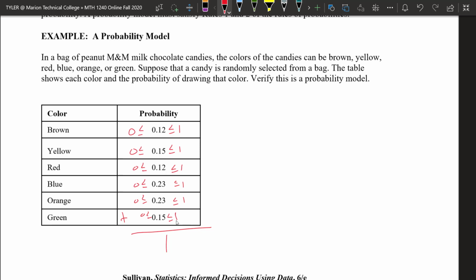So in other words, the sum of the probabilities of each of the events, the probability of E sub i, is going to be equal to 1. If I add all these up, so if I take 0.12 plus 0.15 plus 0.12 plus 0.23 plus 0.23 plus 0.15, do that in your calculator, and you get 1. So therefore, this satisfies both conditions. We've checked off both conditions.